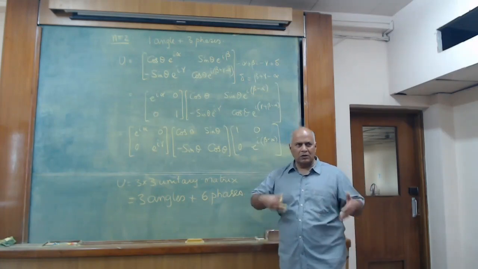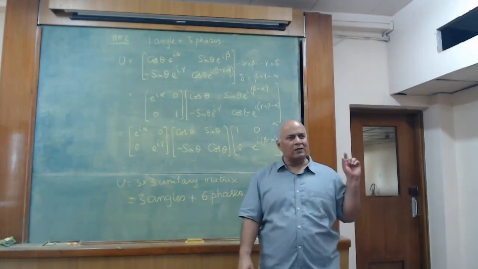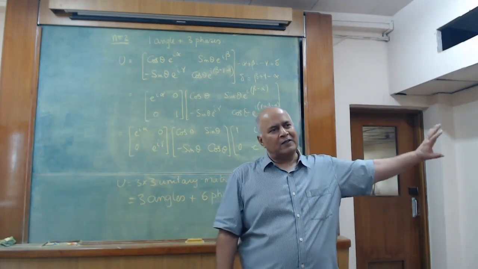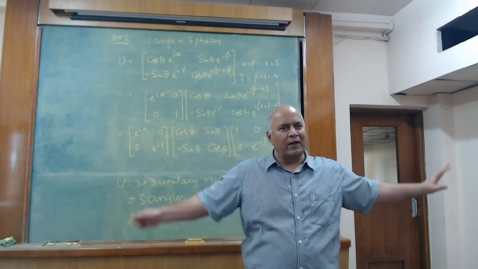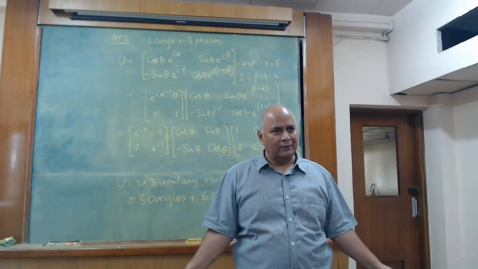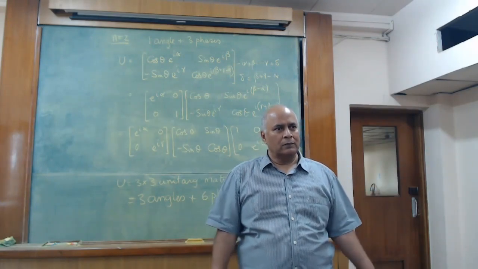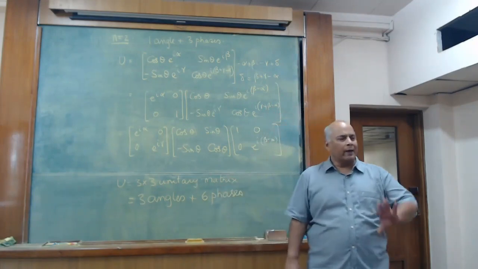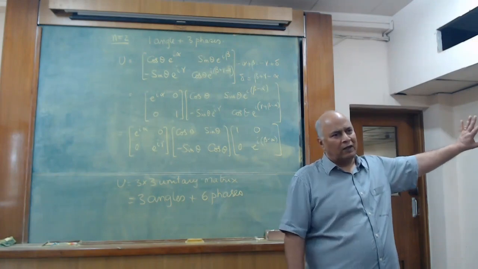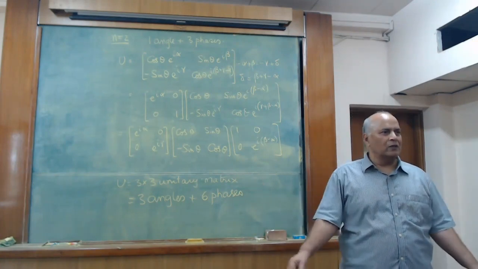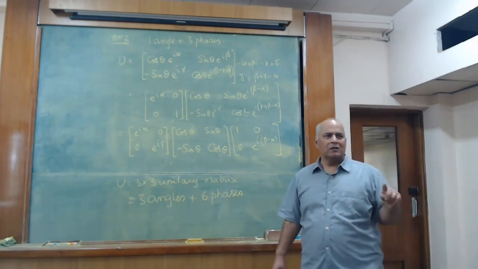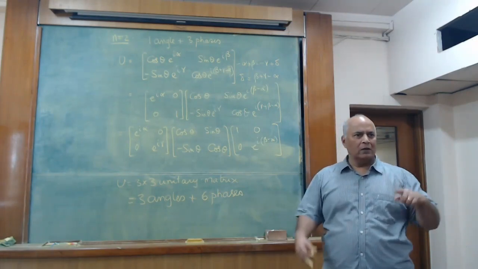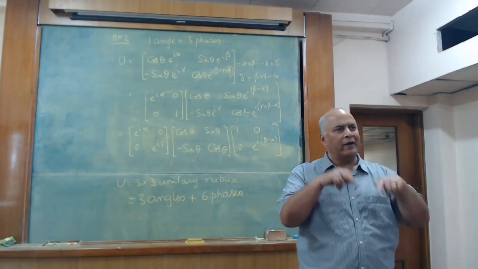So, this business of pulling out phases allows me to pull out n phases on the left and n minus 1 phases on the right. So, in the case of 3x3, I can pull out 3 phases on the left and 2 phases on the right, which means that one phase must remain embedded in the matrix.